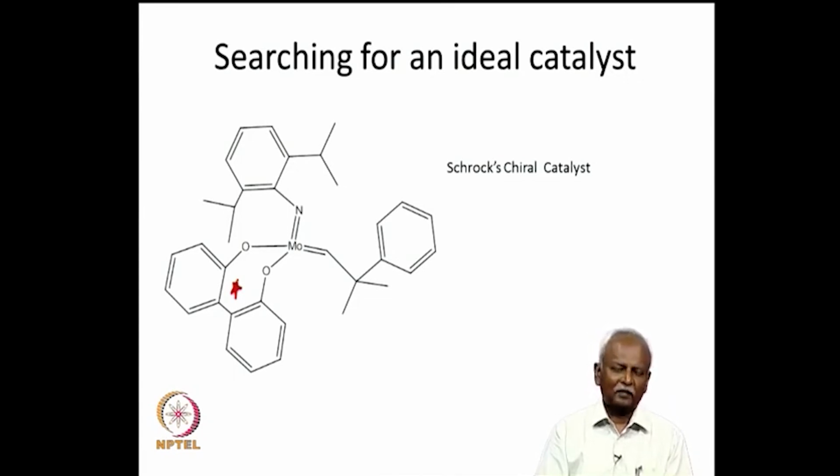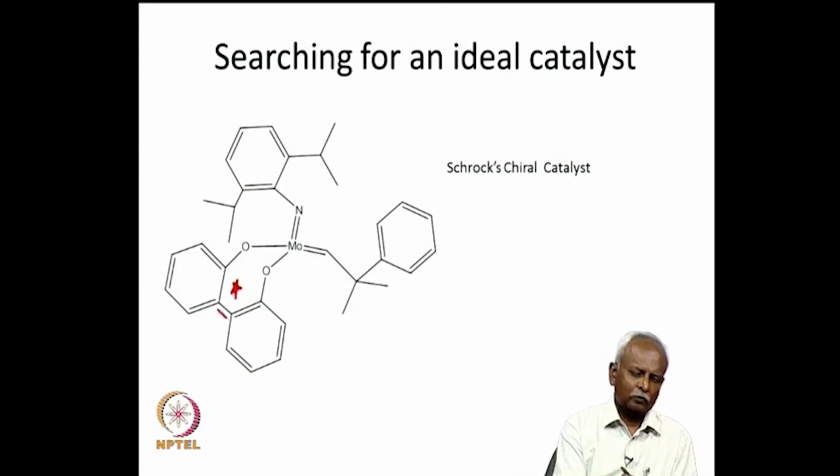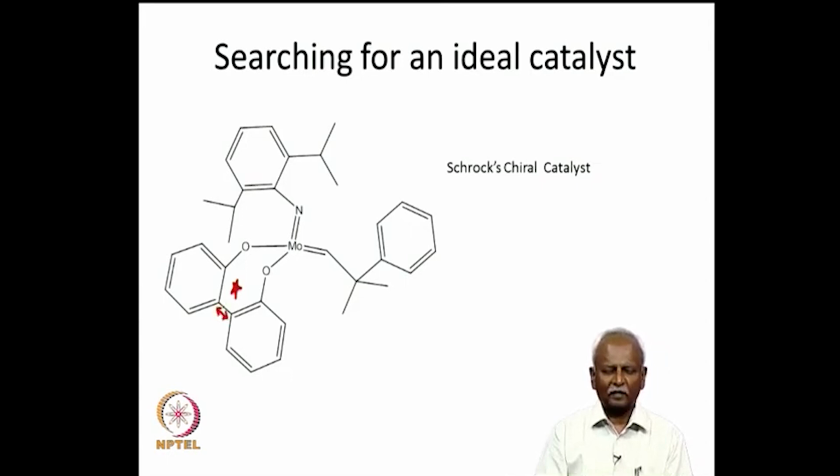The chirality comes from the fact that you cannot rotate these molecules around this carbon-carbon bond very easily, and so the chirality resides in the fact that these 2 planar rings are oriented in such a way that they have a helical axis to them.